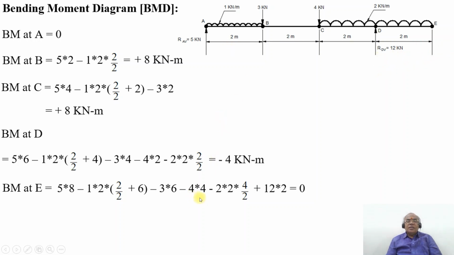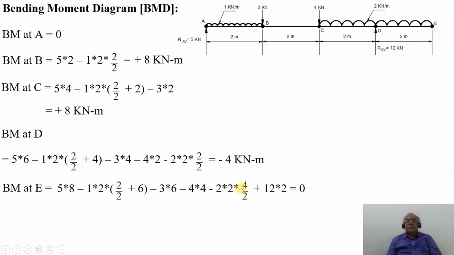In this case, here it is minus 2 into 4. It should not be 2, it should be 4, because the length of the UDL for the entire section is considered, which is 4 meters.